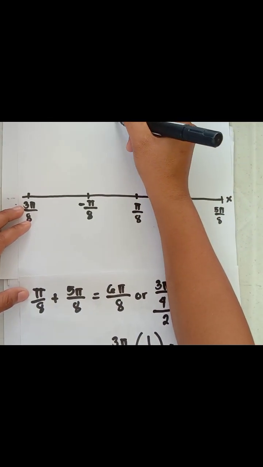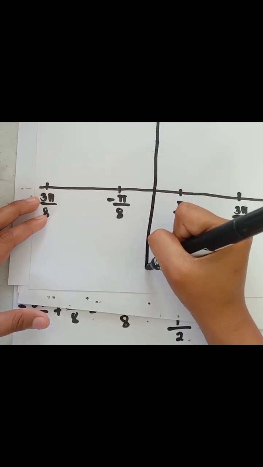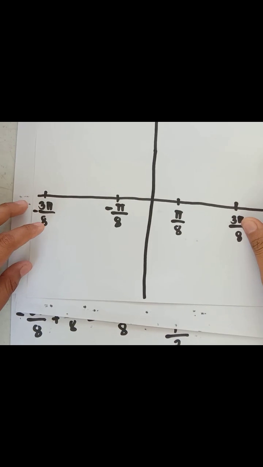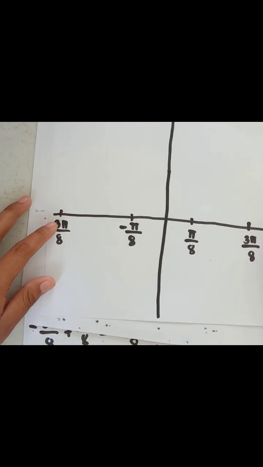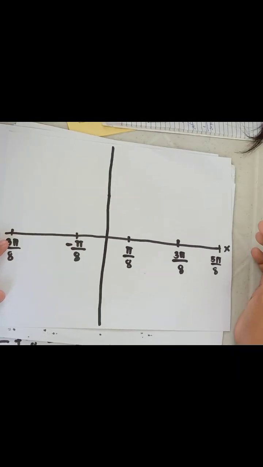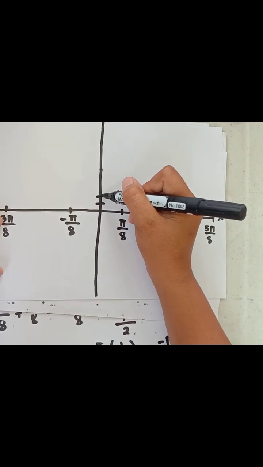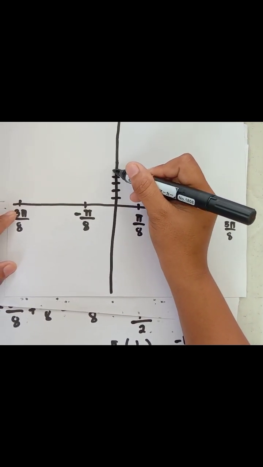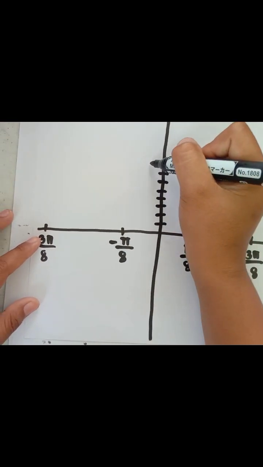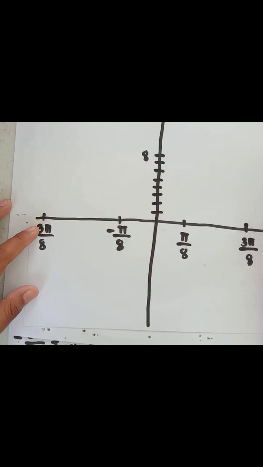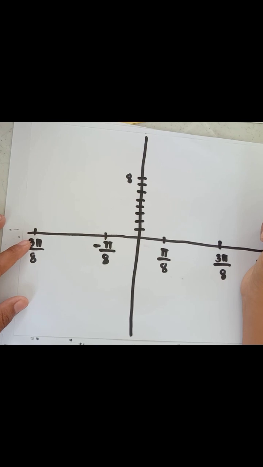Then we all know that our vertical shift is 8. So, positive 8. So, 1, 2, 3, 4, 5, 6, 7, 8. Then 8. And our amplitude is negative 4.